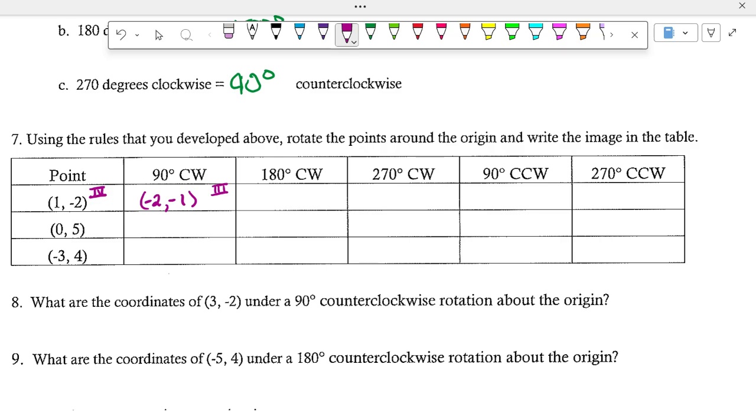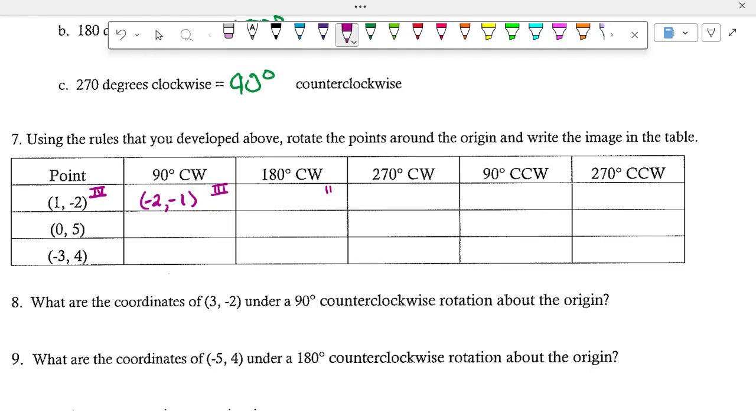So now, if I go 180 degrees clockwise, how many quadrants is 180 degrees? How many quadrants do I have to go through to get 180 degrees? 2. All right, so if I start in quadrant 4 and I go 2 quadrants, we end up in quadrant 2. Remember, top right's always 1, and then it goes 2, 3, 4.